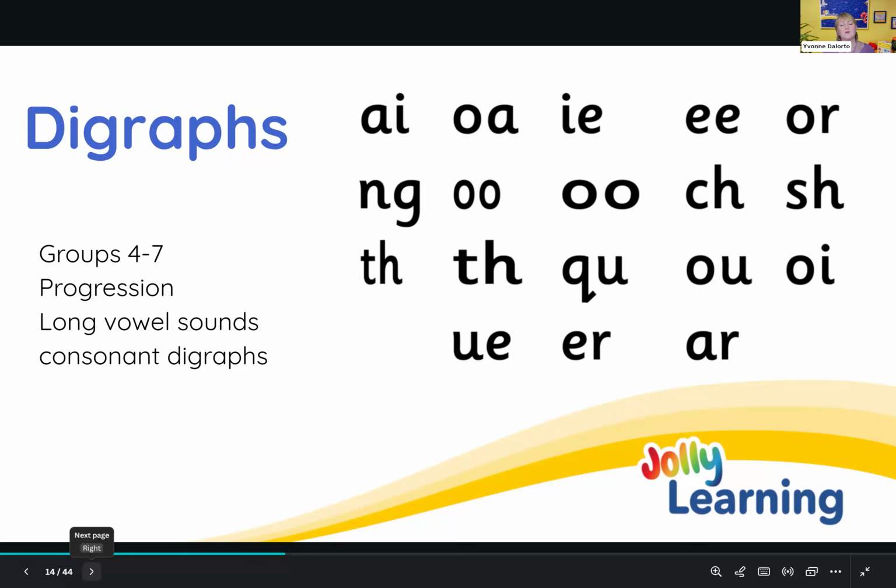And as you can see, the other ones are particular because they do make one sound. If you think of the word fork, we don't go for o orca. Can I have a for orca? It's a for orc. So think about these, and it's good if you're using the resources that can give you lots of examples. When I first started teaching, I was scrambling for words. I started with the phonics handbook, and they didn't have all the resources 20 odd years ago.